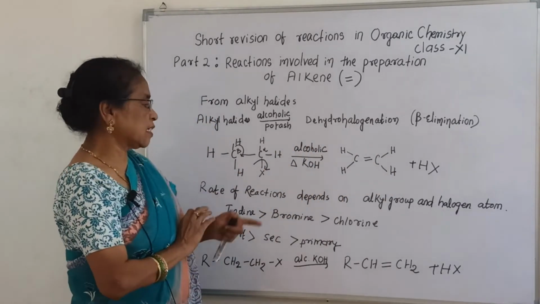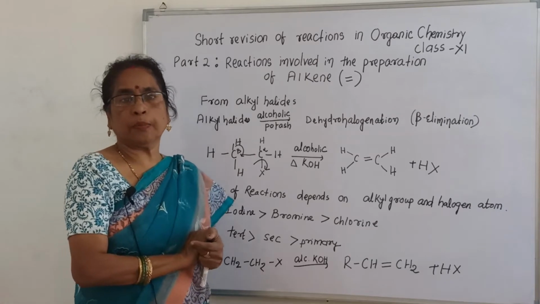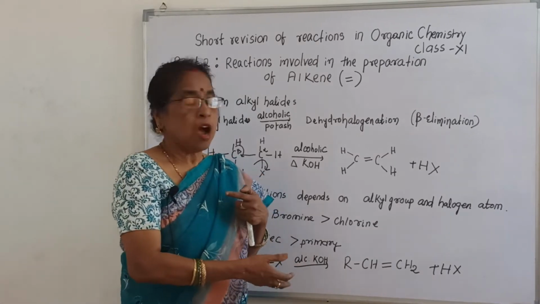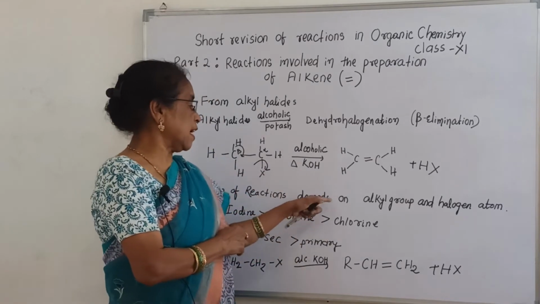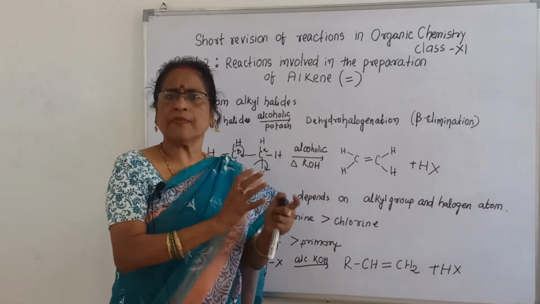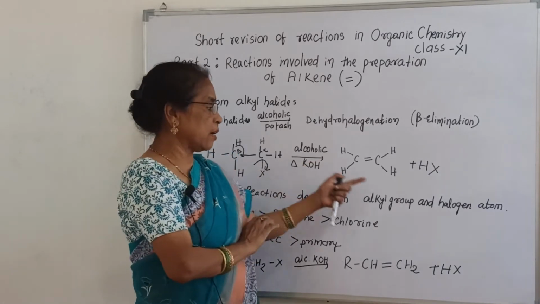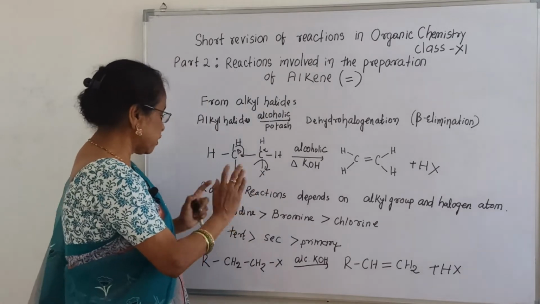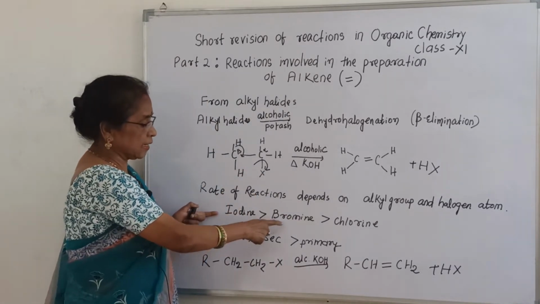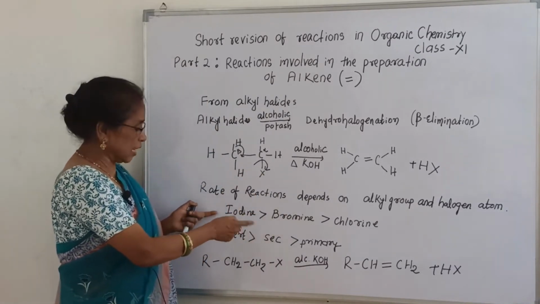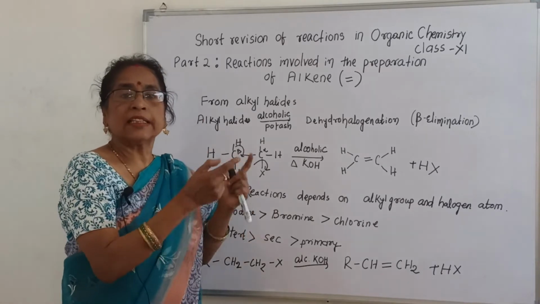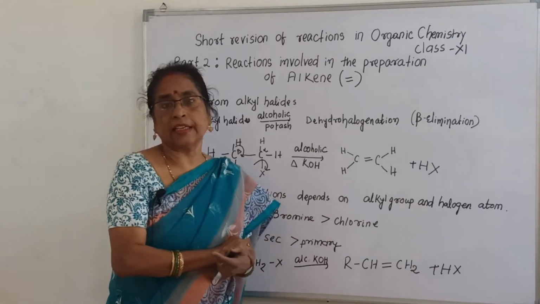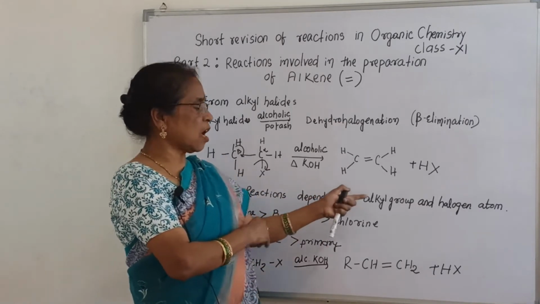Now the rate of reaction depends on the alkyl group. How can you tell whether the rate of reaction is fast or slow? It depends on the alkyl group, what type of alkyl groups there are, and the halogen atom, what type of halogen atoms there are. It is observed that iodine is greater than bromine, greater than chlorine. That means if iodine is present, the reaction is faster. Similarly, it depends on the alkyl group.